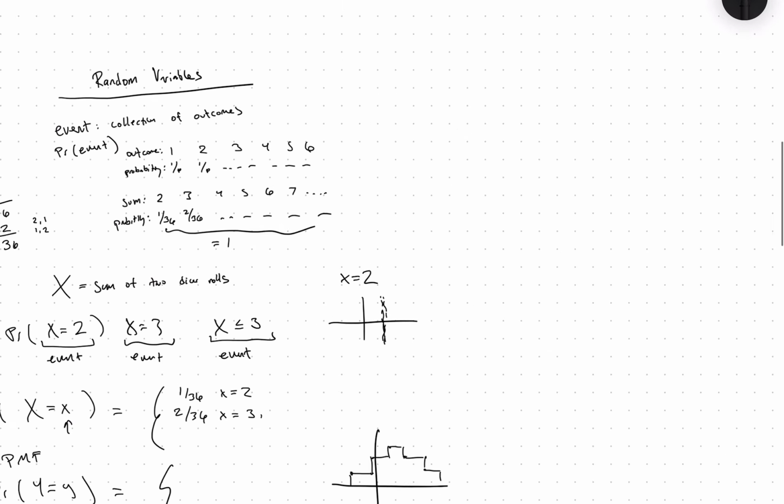Okay, so that's a discrete random variable. Now let's talk about a continuous random variable. So, what's an example of that? Well, let's see.